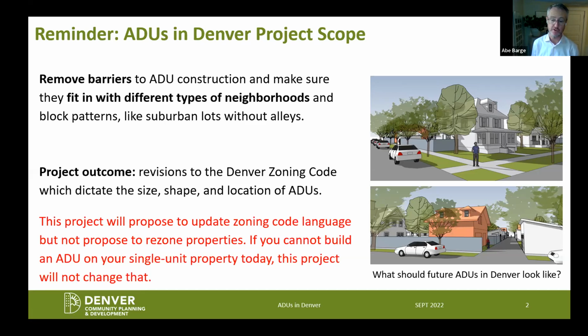And there's a fairly big proposal right now for West Highland from Councilwoman Sandoval. And then individual property owners are also bringing their properties forward in some cases with proposals to rezone. So that's related to this project, but it's separate. This project is about the rules for building an ADU, not where you can build one. Does that help at all, Christine and others?